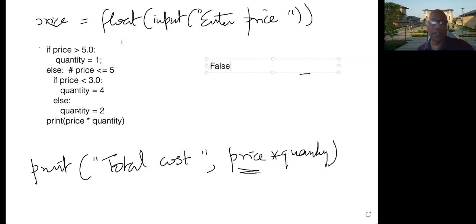There is another thing that I will touch upon, and then we will look at the lab and then do the class exercise. Let me probably erase all of this. And then let me again write price equals float input.